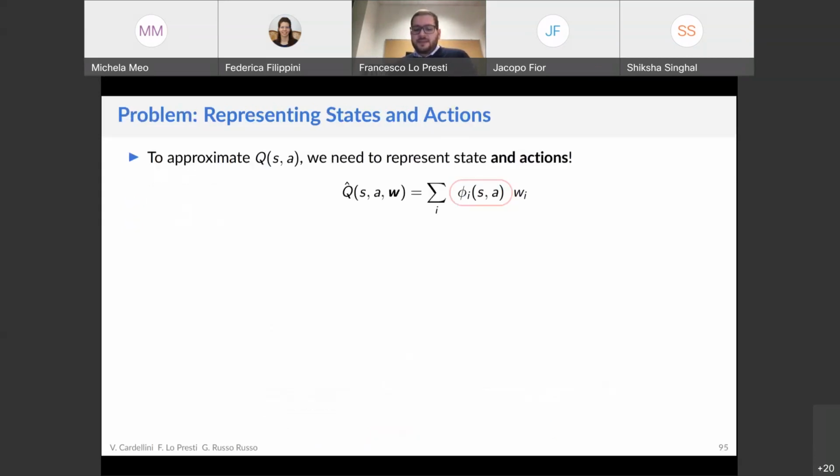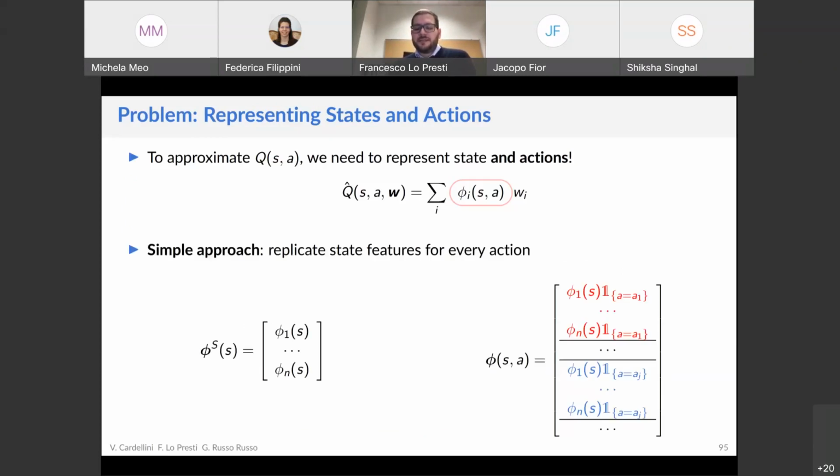Now, there is just a final issue, which is that to approximate the Q function, which depends both on states and actions, we need to represent both states and actions, not just states. So we need features which depend both on states and actions. Tile coding provides us a strategy to aggregate states. What about actions? So a simple approach is to define the features for the states and then replicate those features for every action.